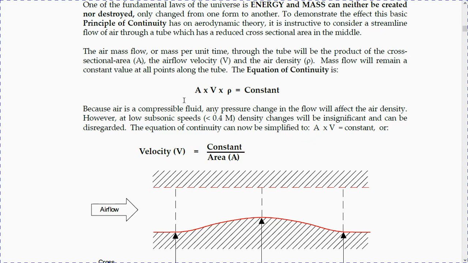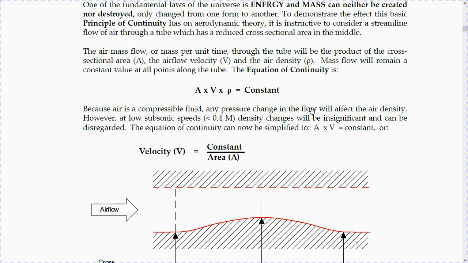So the equation of continuity can now be simplified to A times V equals constant, or velocity equals this constant over the area. So the simplified equation will be the cross-sectional area times the speed equals a constant.